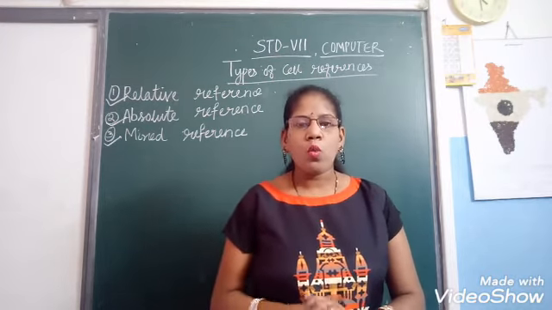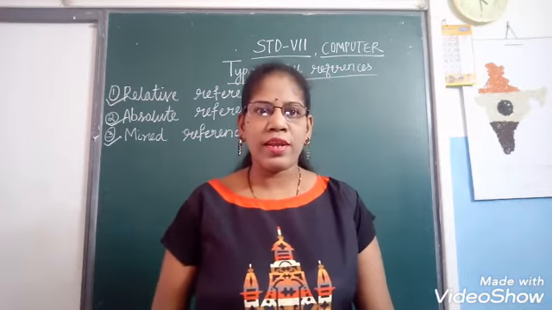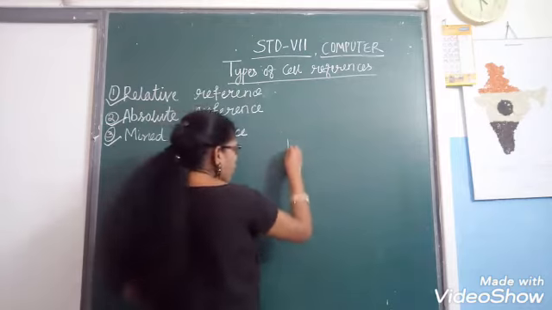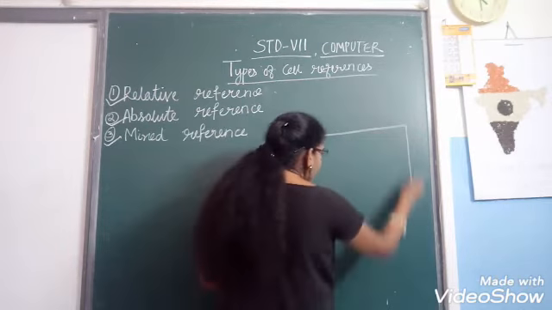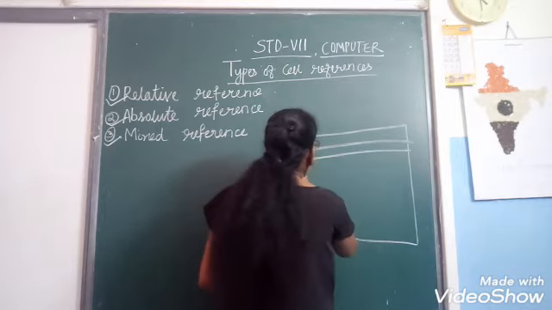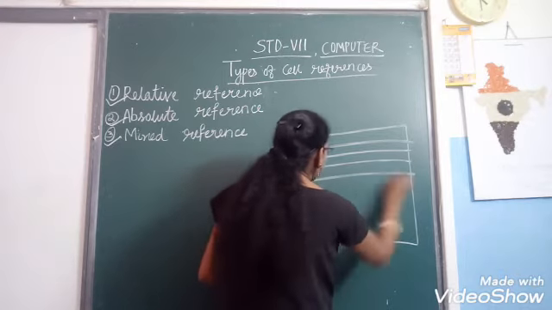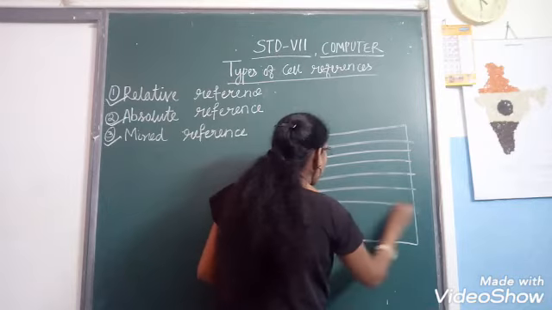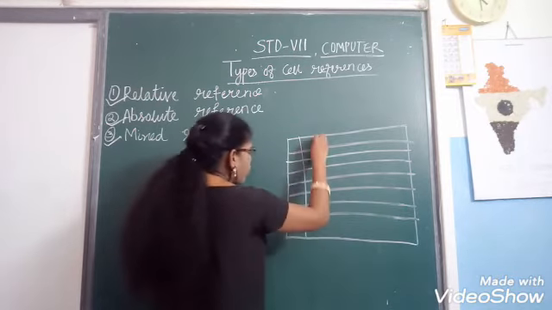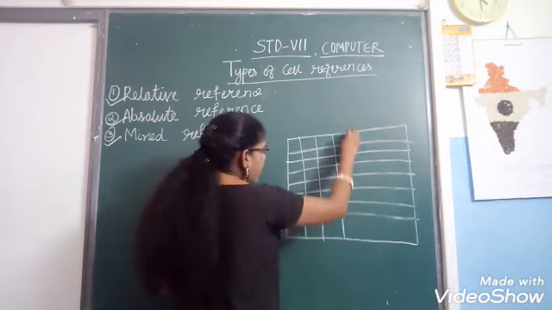Now, let us know what we mean by relative reference. I am showing you one example. Suppose this is an Excel sheet. As you know, an Excel sheet is the intersection of rows and columns. These are all rows and these are all columns.